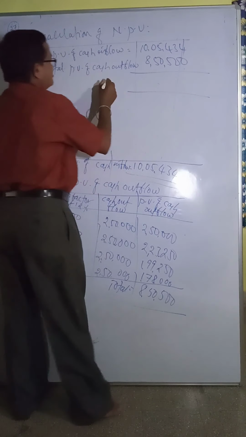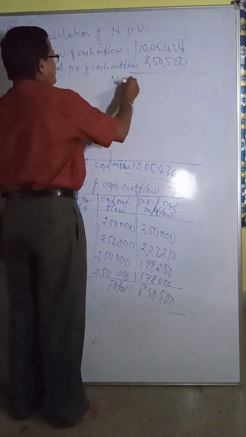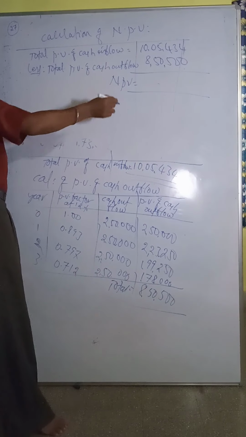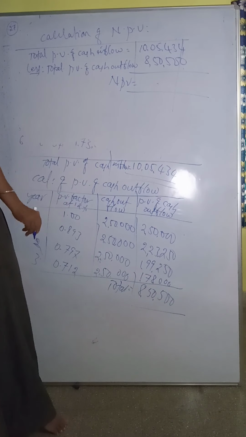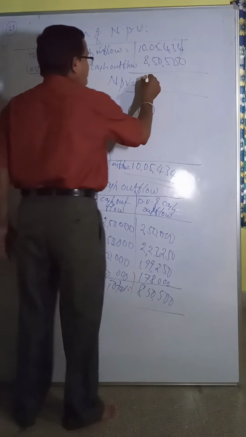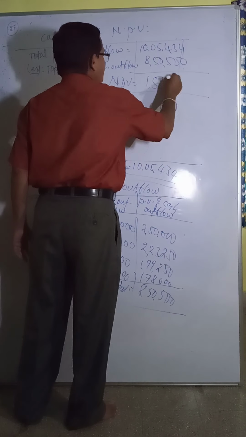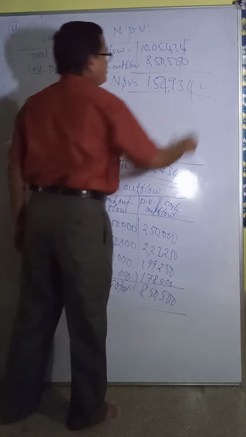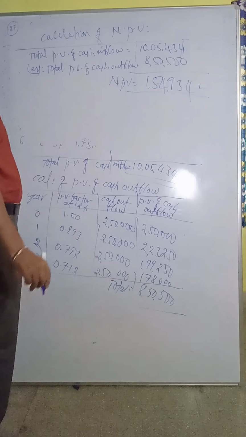Deduct, and you will get the net present value: 1,54,934. This is called the net present value.